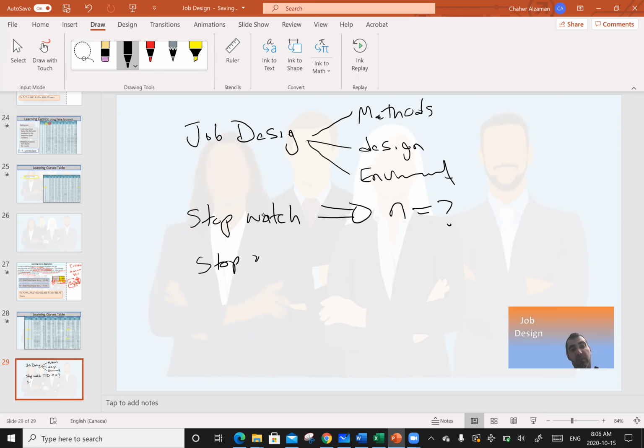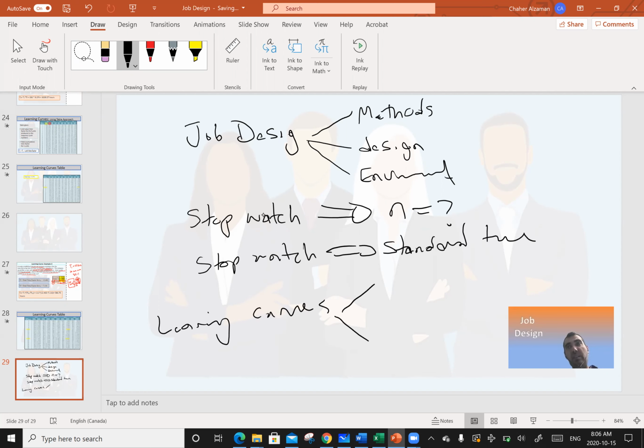So stopwatch, standard time. Finally, we did the learning curves, which includes when we use the equation and table.